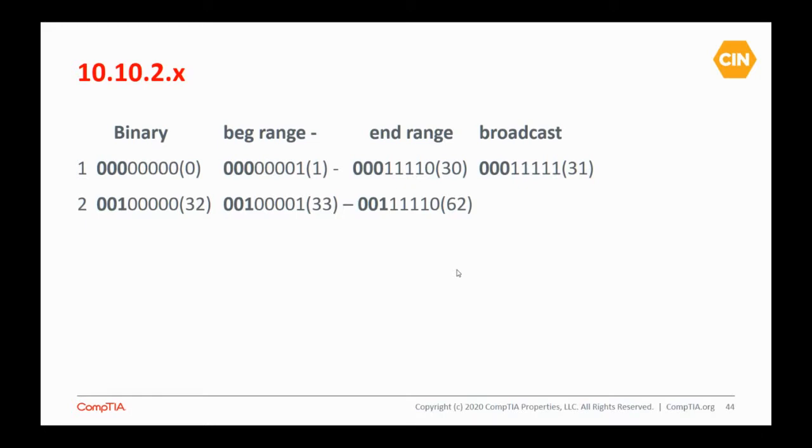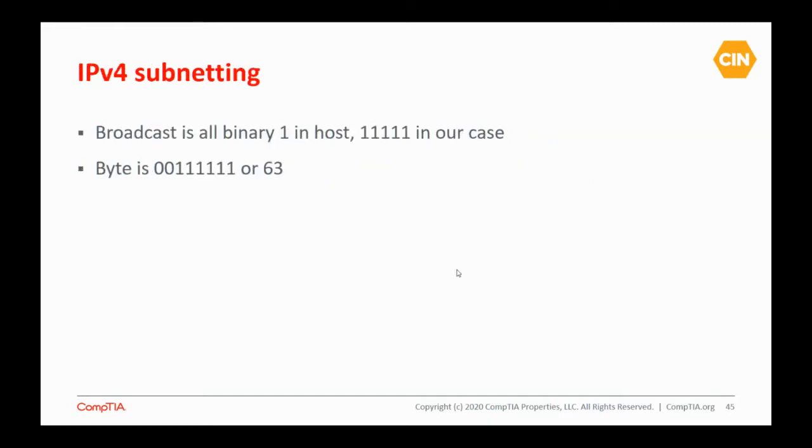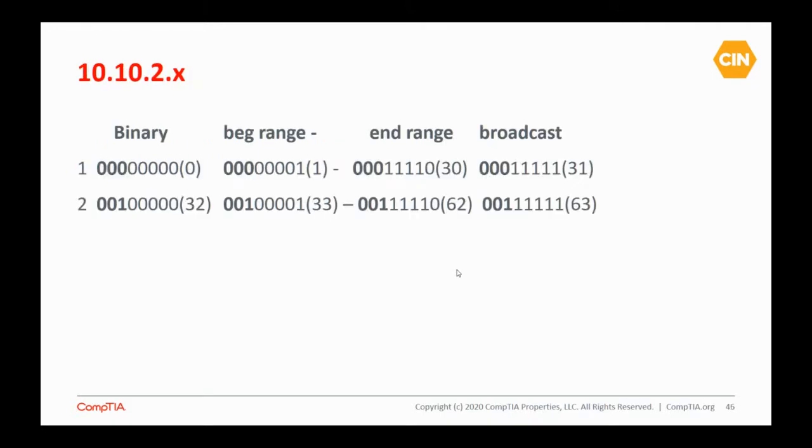Broadcast is always an odd number, and your range ranges from an odd to an even number. That one I notice sometimes too, just as another one to give you an indication if you goof up somewhere. And then the broadcast will obviously be the 0 0 1 and all binary 1s, which would be a 63. And so there's the second subnet.